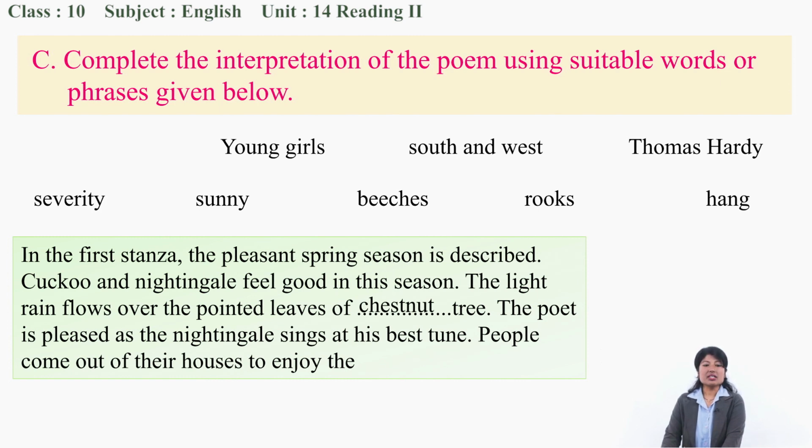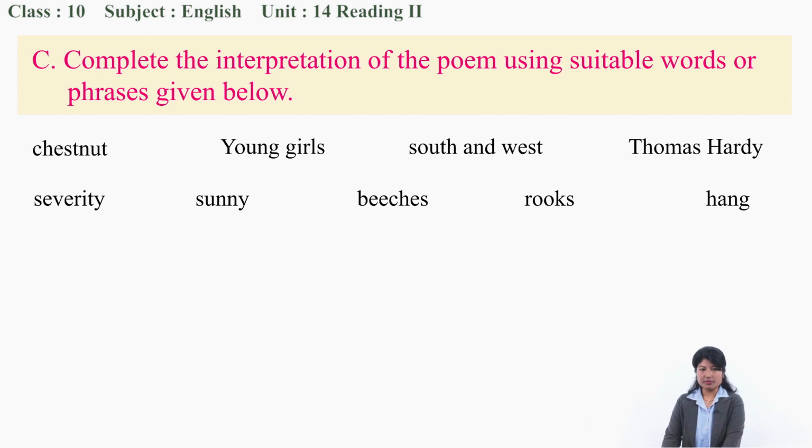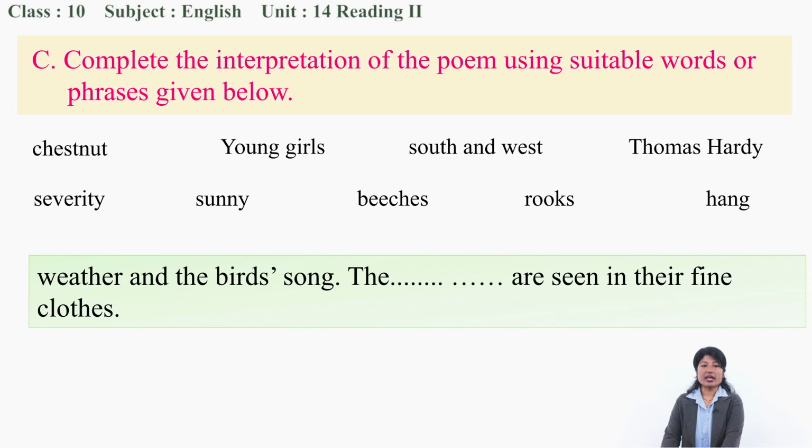The poet is pleased as the nightingale sings at his best tune. People come out of their houses to enjoy the weather and the bird song, and are seen in their fine clothes. Who are seen? Yes, young girls. The young girls are seen in their fine clothes.